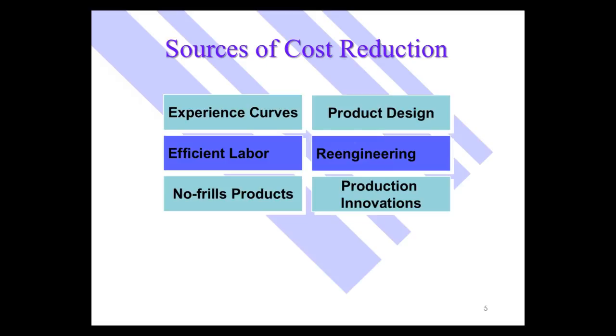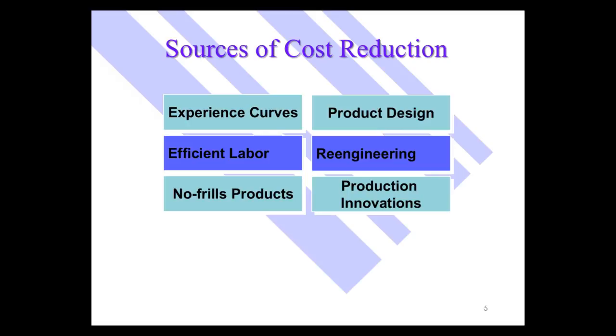Experience curves are, as the name implies, greater and greater experience over time. The experience curve theory states that costs go down as cumulative production goes up, and that has been proven again and again.